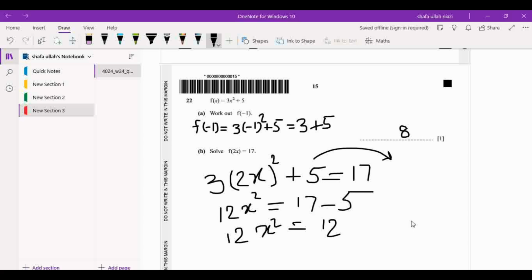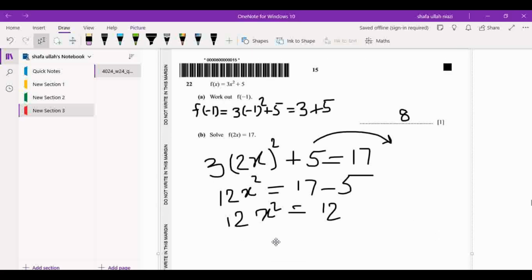When we shift 12 to the right side, it will be divided. So we get x square is equal to 12 over 12.